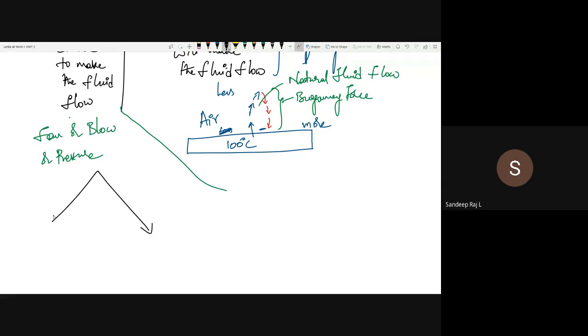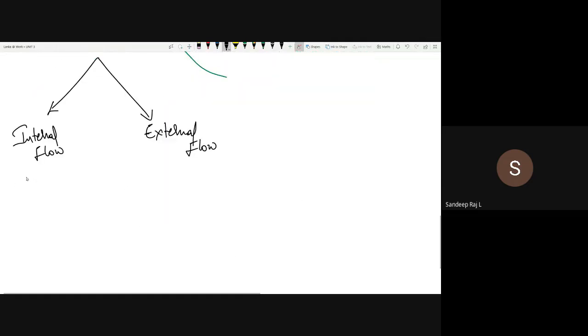Okay, forced convection is basically of two types. One is internal flow, and the second one is external flow. In internal flow, fluid will be flowing inside a duct. Duct means a tube or pipe or something like that.